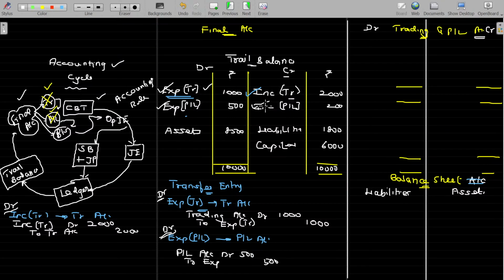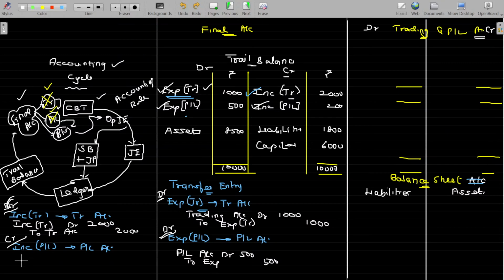Then finally, income related to the P&L account is also transferred to the P&L account. So income related to profit and loss is transferable to the profit and loss account. As income is always a credit balance, here also it is a credit balance.